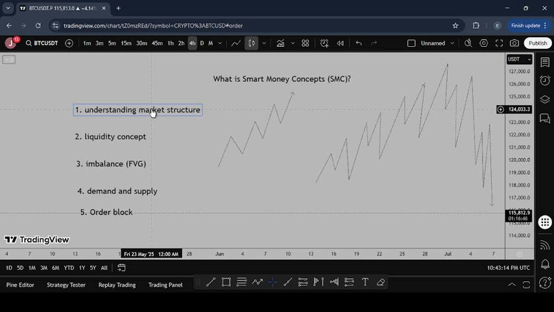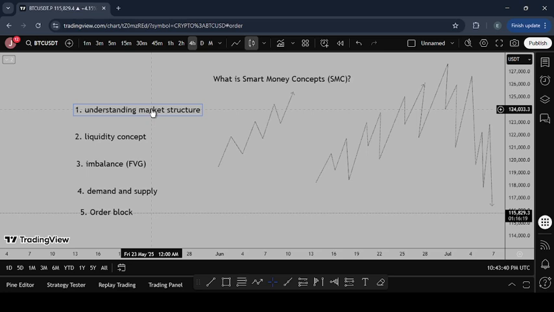For the market to be interested in buying in a certain area, whenever the price retraces back into that area, there's a high probability that the market will continue buying from that level, because it means the market makers were interested in buying from that zone. That is why the first impulsive move happened.